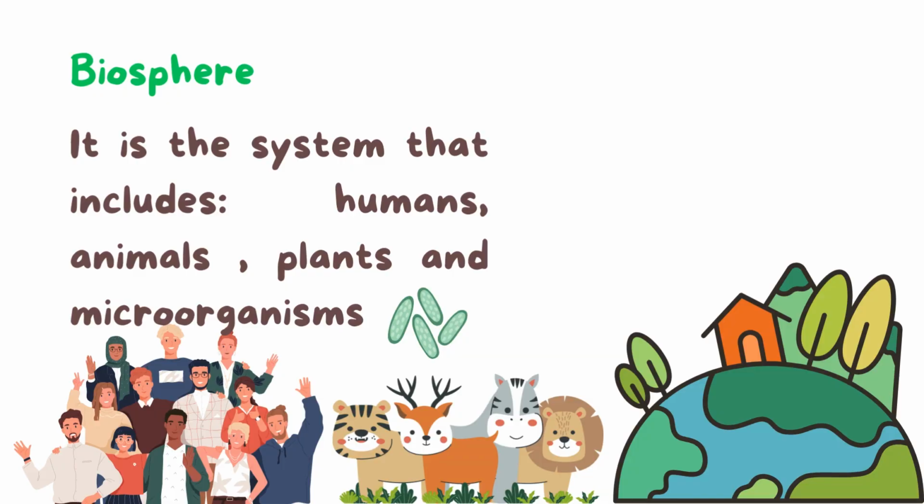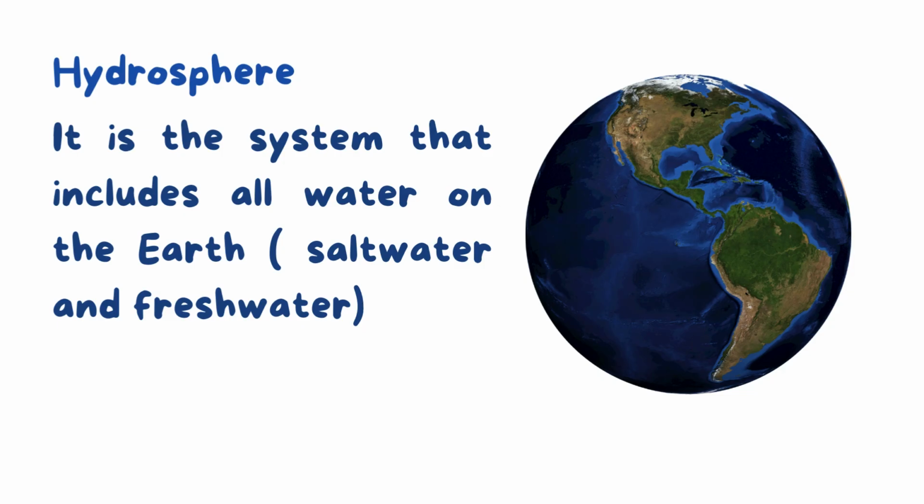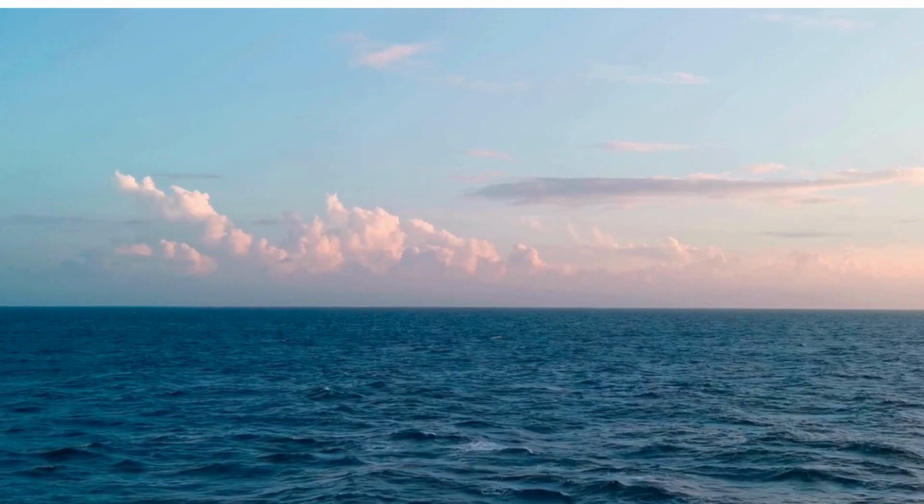Then we have the biosphere. It is a system that includes what? Yes, good job. Humans, animals, plants, and microorganisms, as we see here. And we have the third system, which is the hydrosphere. It is a system that includes all water on the Earth, salt water and fresh water, like seas, oceans, rivers, lakes.